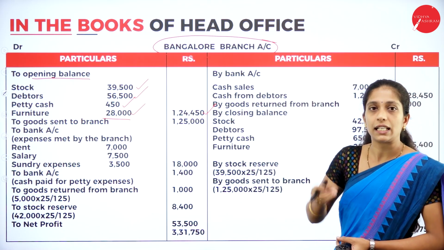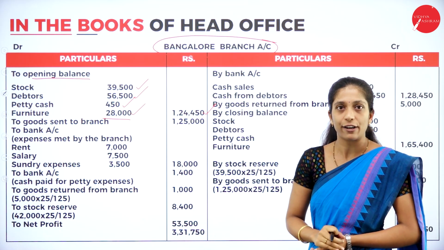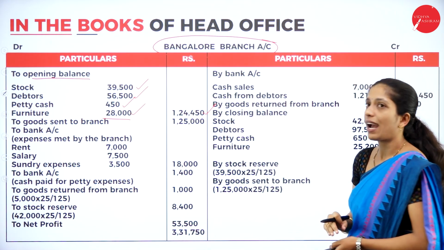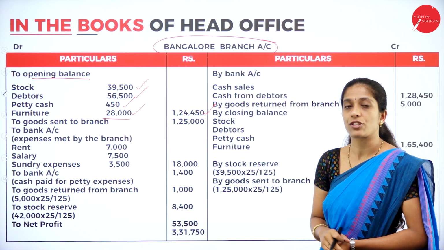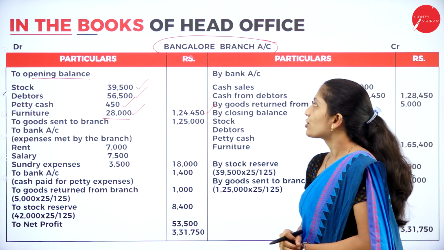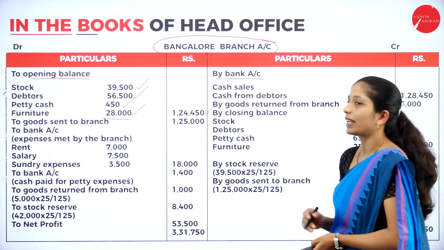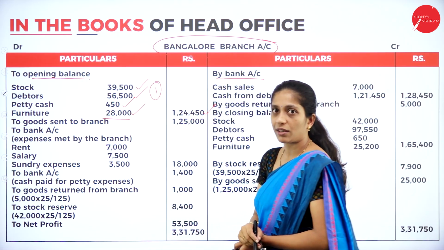As I told you, whatever income is earned in the branch has to be written back to the head office. Here they have given cash sales as well as cash from debtors. That amount has to be written back to the head office, recorded by bank account. So your first step is writing the opening balance.